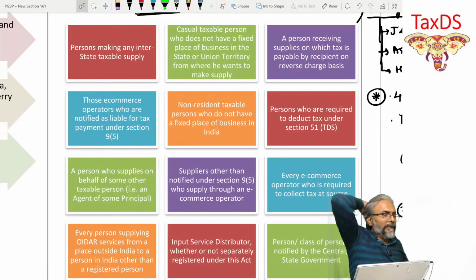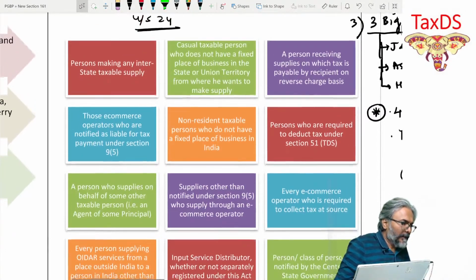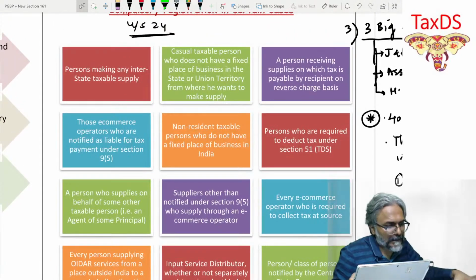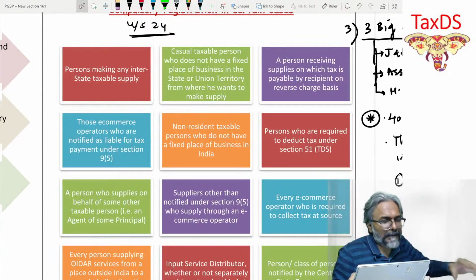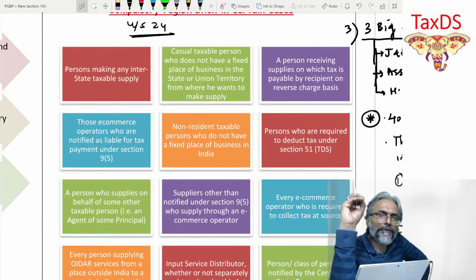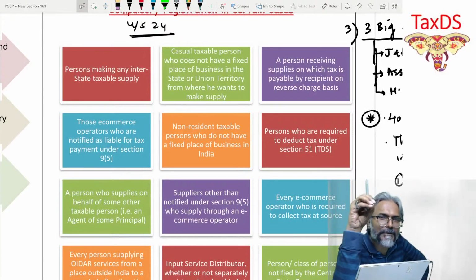So students, over here, if you all will see, in this context, a person making any interstate supply. Students, as you know, I may be doing, say for example, only interstate supply, and my total turnover is only 2 lakh rupees.